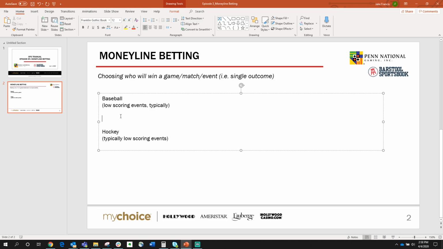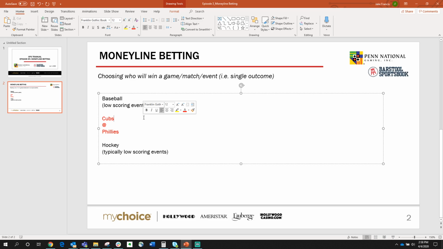So let's look at an example. The Cubs at the Phillies. Okay. So the Cubs here, let's just put them at plus 145. We already know that the Cubs are listed as the underdog here. And let's put the Phillies at minus, I guess, 167.